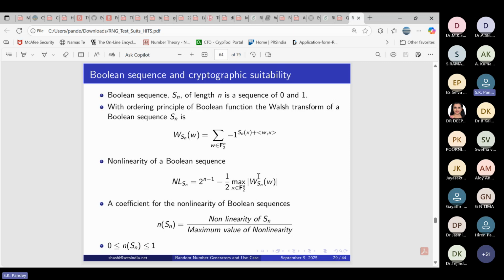Non-linearity of a binary sequence is a very important cryptographic property. You can compute it for any even-length binary sequence, and you can observe the pattern at the output level, whether this pattern is achieving good non-linearity or not.